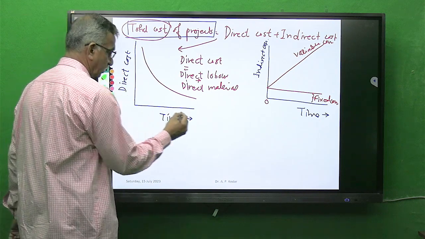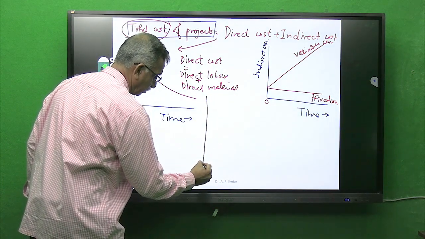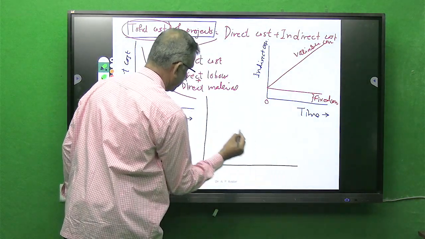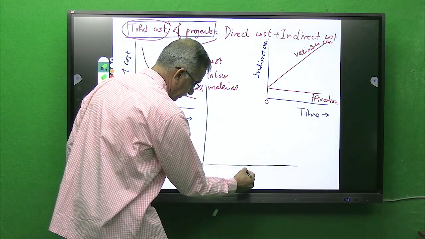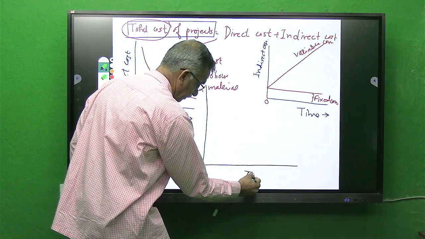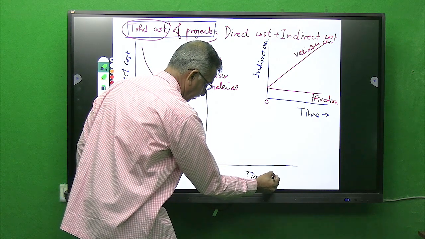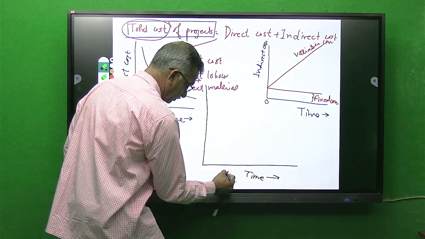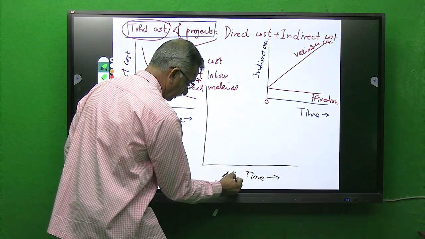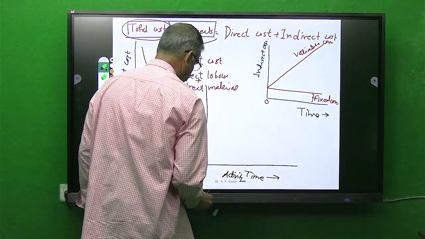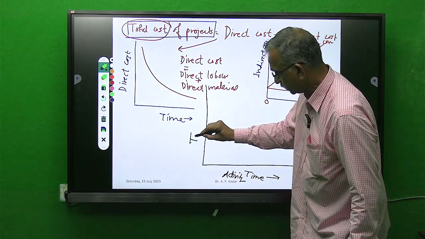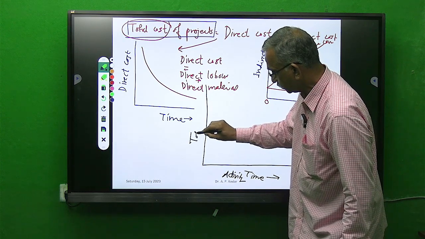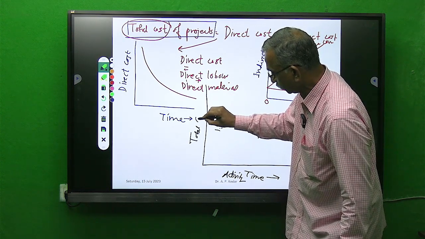And now see here the figure which I am drawing. Again, this is time on the x-axis. Of course, this is activity time. This is on the y-axis, total cost.